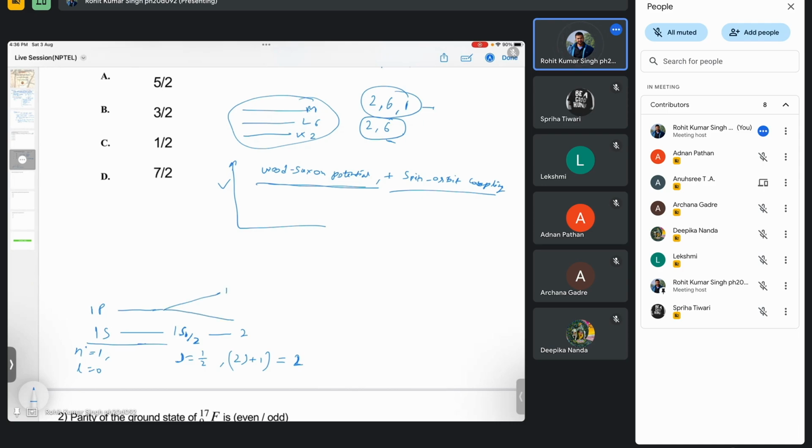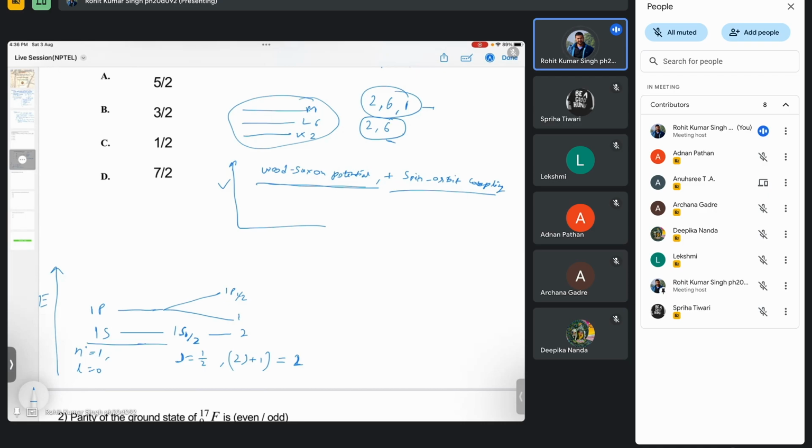So 1p 1/2, and the splitting is based on energy, like this scale is energy.